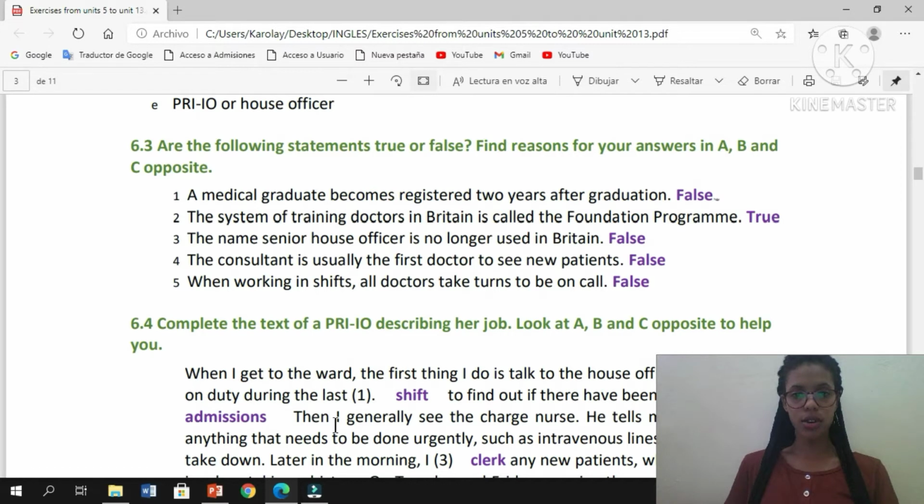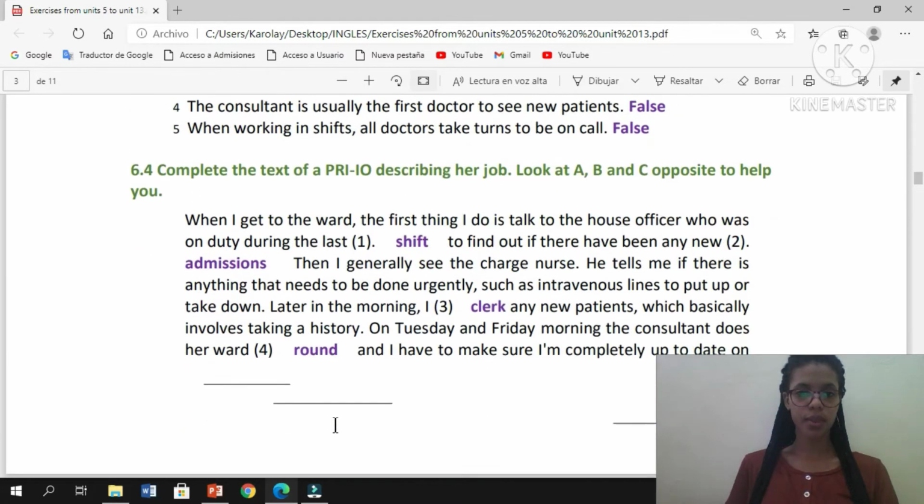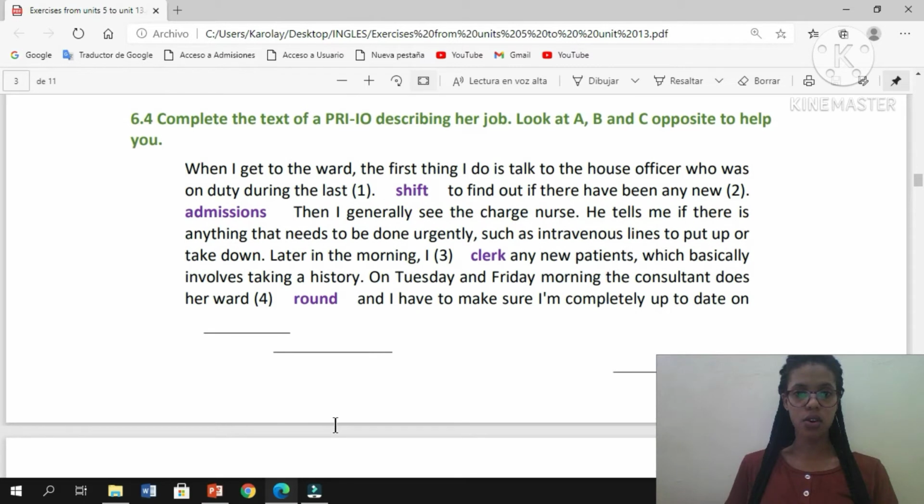The name Senior House Officer is no longer used in Britain. The answer is false. The consultant is usually the first doctor to see new patients. The answer is false. When working in shifts, a doctor takes turns to be on call. The answer is false.